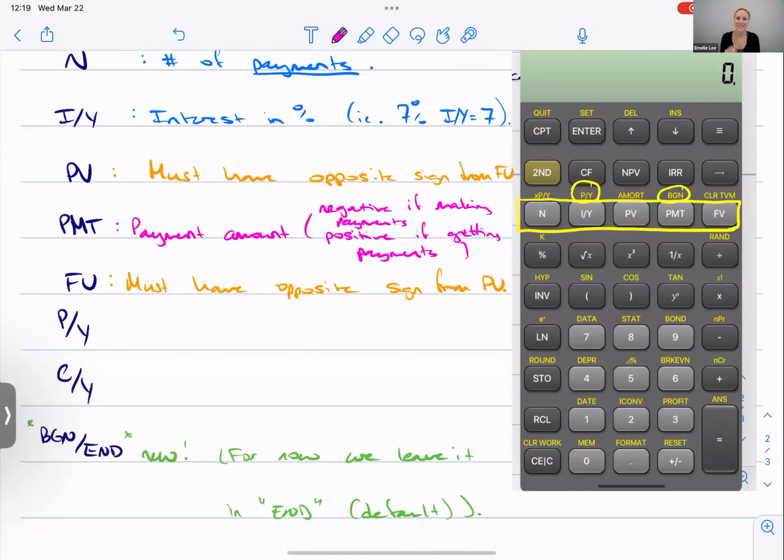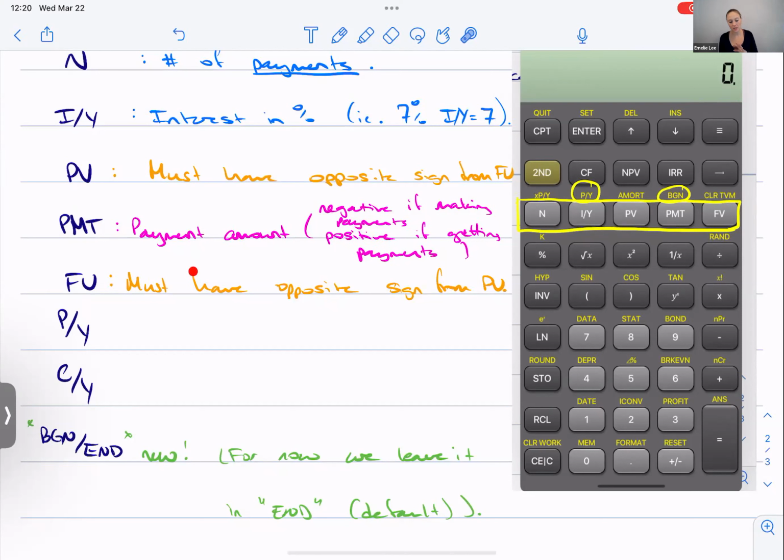So you can see, if I start with nothing, that's possible. And then if I'm making payments, so money's leaving me, they're negative, and then at the end I have a positive future value.